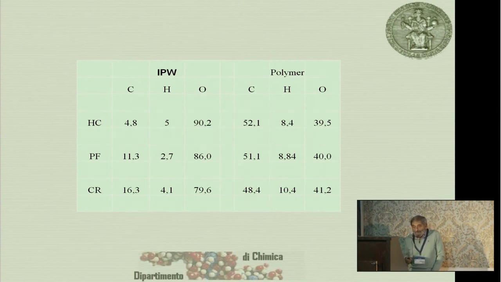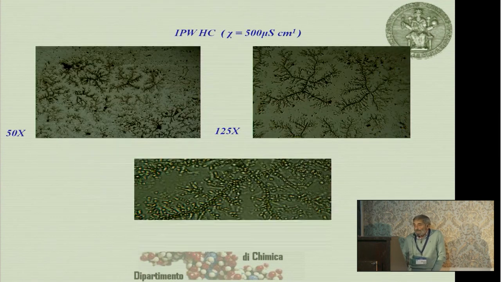It's easy to spot that the main differences between the lyophilized solid and the perturbing polymer are in the oxygen column. This was the content in the lyophilized solid, about 19%, and this was the content in the perturbing polymer.